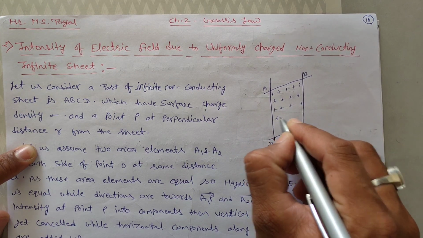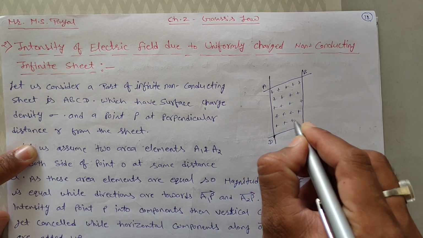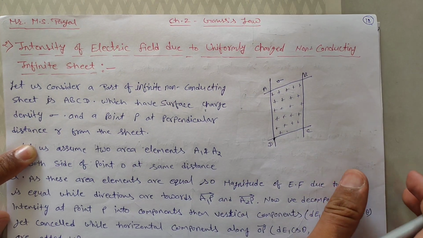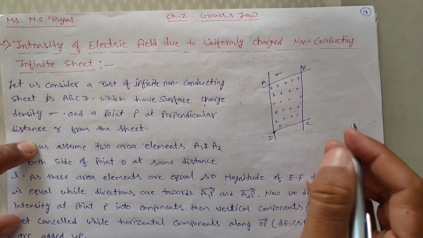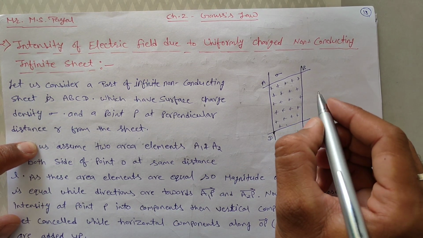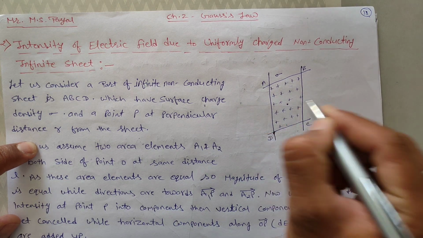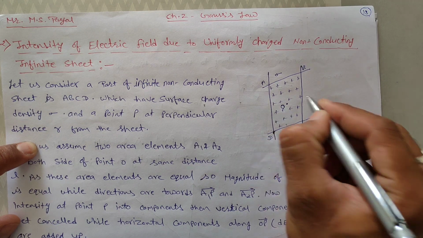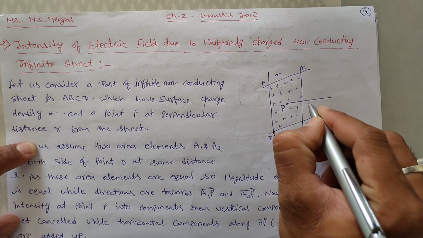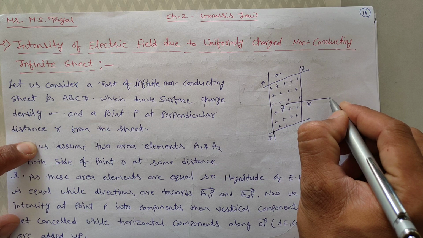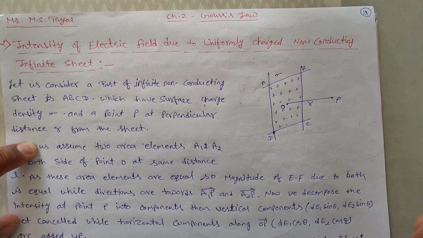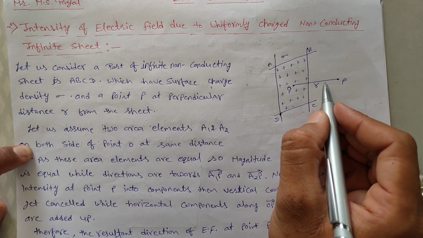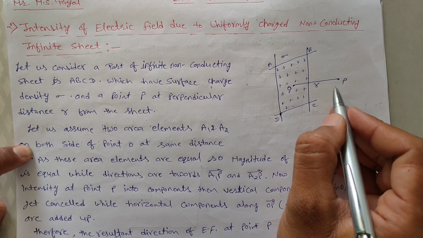Let us assume a point P at a perpendicular distance from this sheet. We consider the origin point of this part as O, the perpendicular distance as small r, and this point P. We derive the electric field intensity at point P.